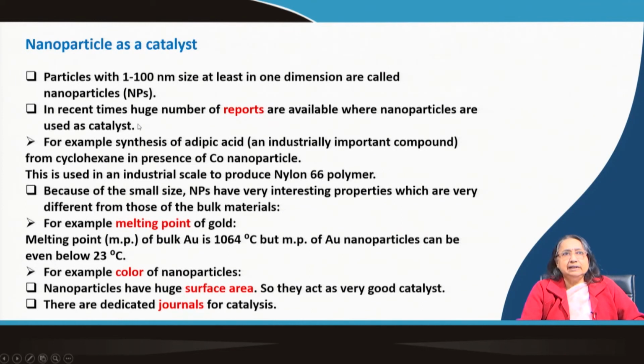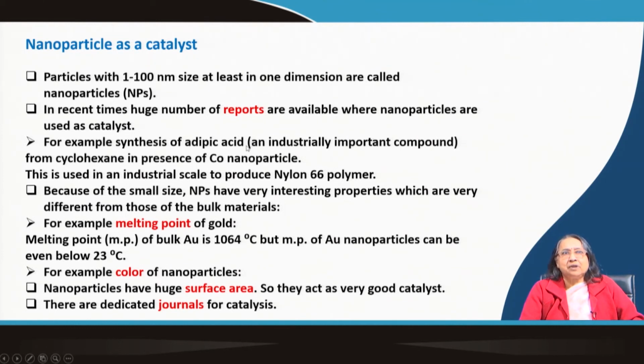Okay. In recent times, a huge number of reports are available where nanoparticles are used as catalysts. Why are nanoparticles so important as catalysts? Okay, that I will tell. So, some applications of nanoparticles as catalysts: here you can see adipic acid, an industrially important compound.